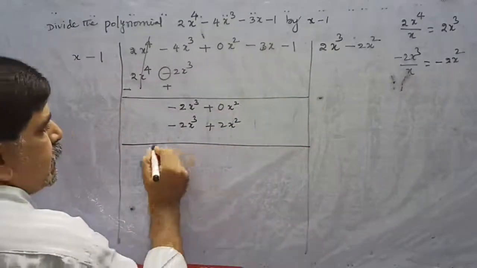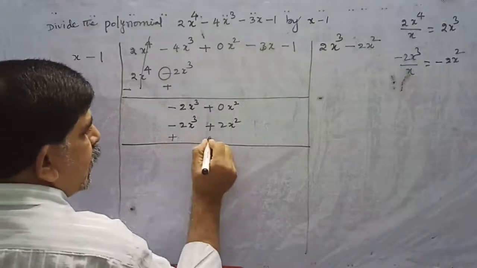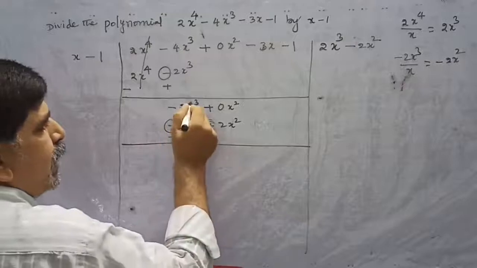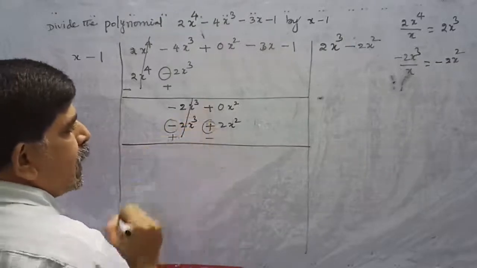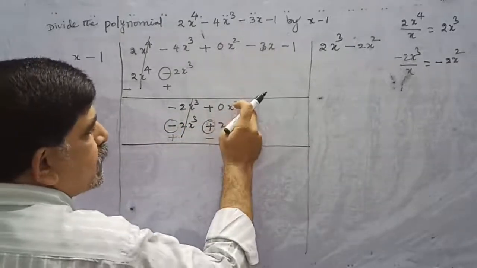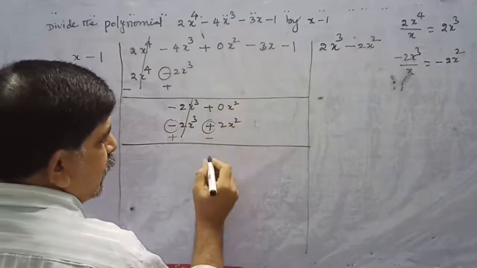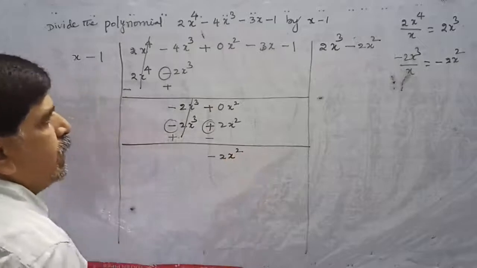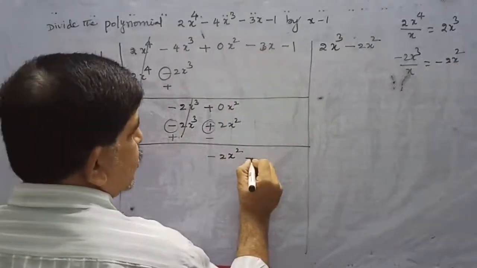Next, change the symbols. This is plus and this is minus. Minus 2x cube plus 2x cube gets cancelled. 0x square minus 2x square, that is minus 2x square. Next, you write minus 3x here.